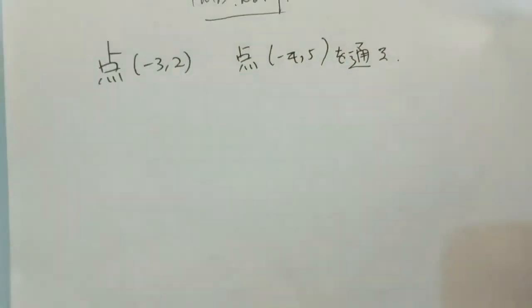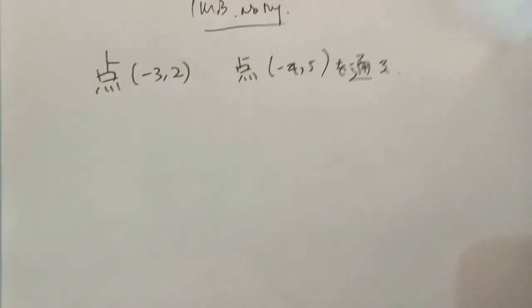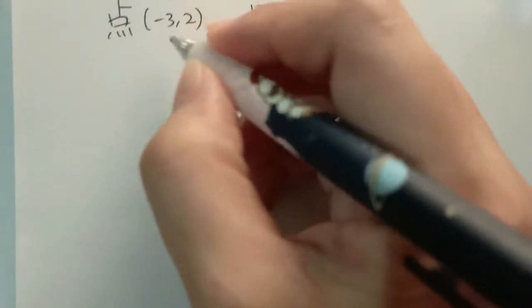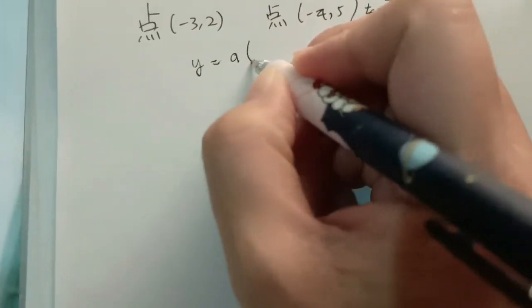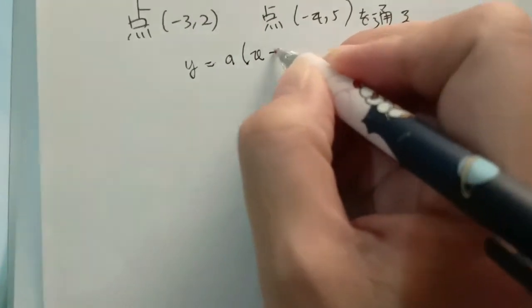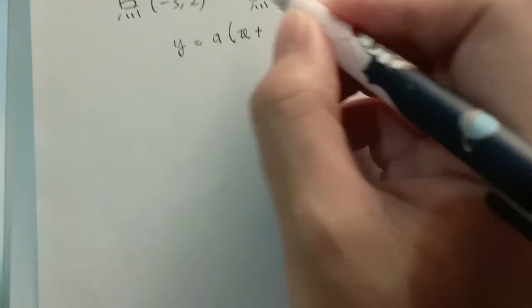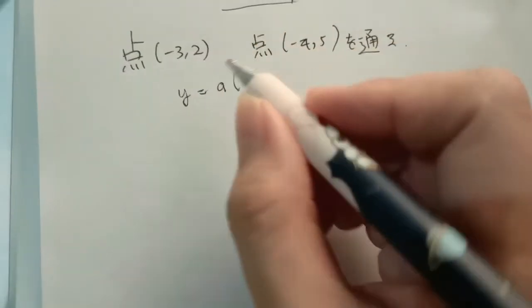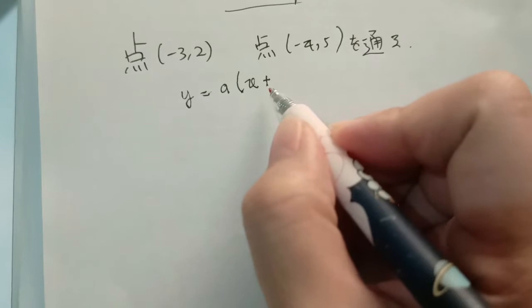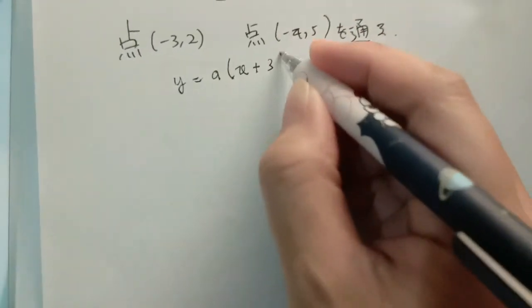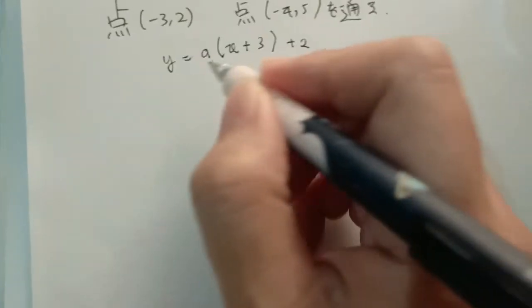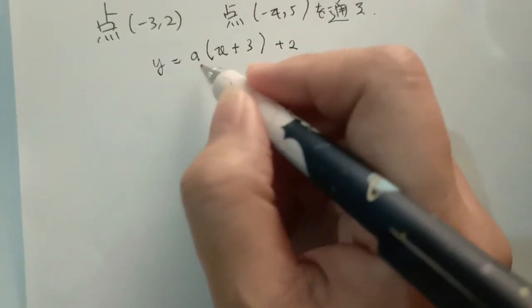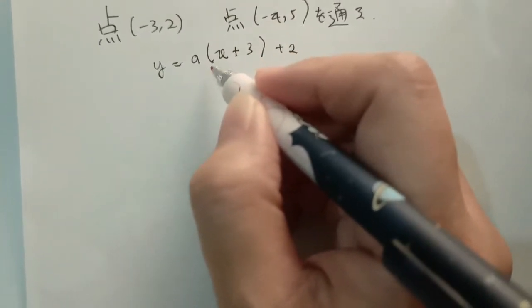Okay, so we are going to use the formula over here. The y is equal to a in the bracket x plus, because the vertex is -3, so the x will become plus 3, the y is 2, so it becomes plus 2. Okay, we are going to find out the a over here.